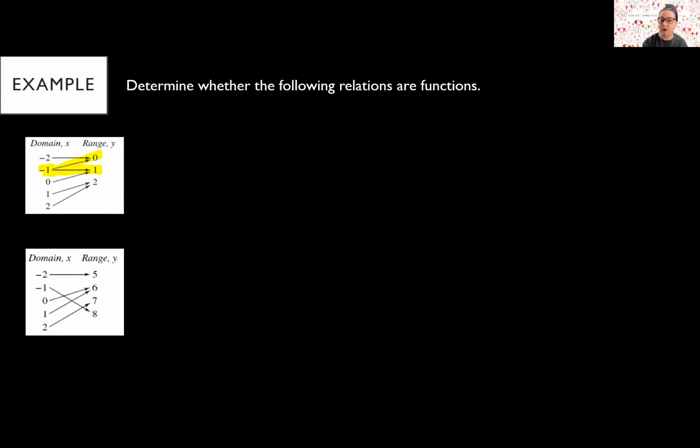So that value has 2 outputs, and that violates our definition of a function, because our input can only have 1 output. It's okay that the number 2 has 2 inputs going to it. We just can't have an input have 2 outputs. So that means that this is not a function.